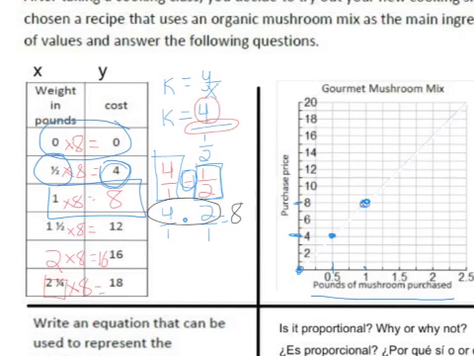There's a point right there. 1.5, 12 would be right here. 2, 16.